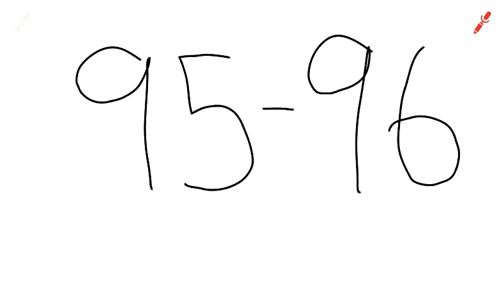And then factors are the numbers which form a certain product when they're multiplied together. So your product is the answer to a multiplication problem, and your factors will be the numbers that you are using to multiply together to get your product.